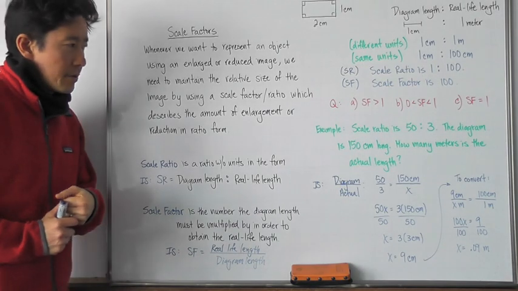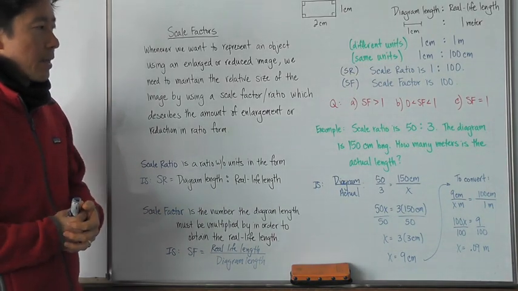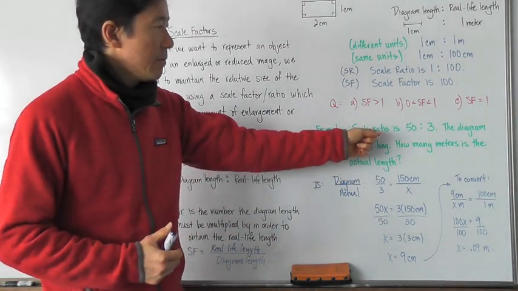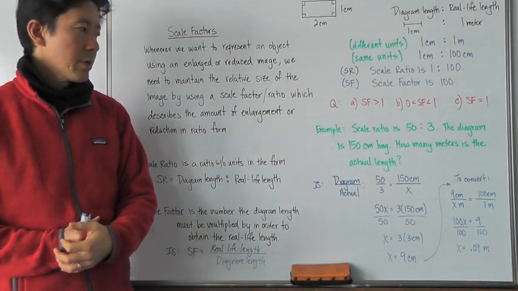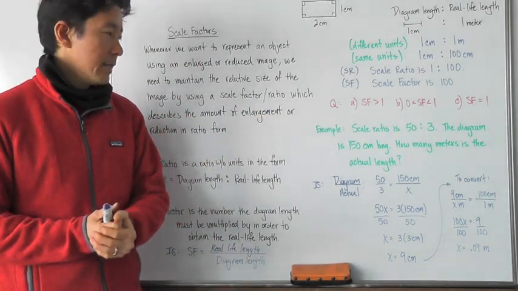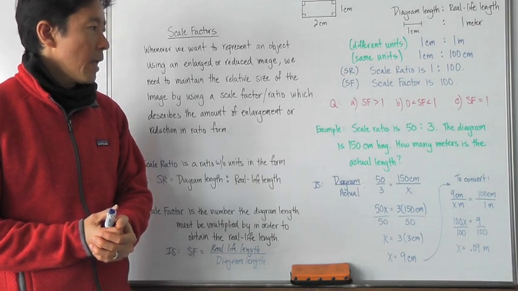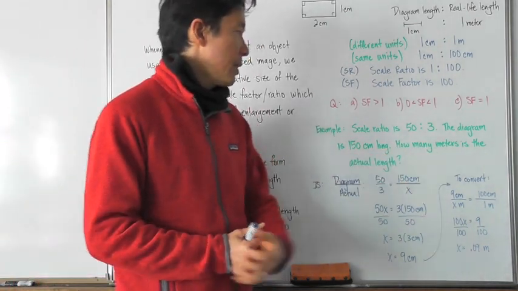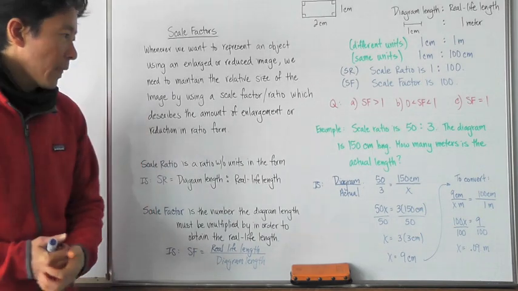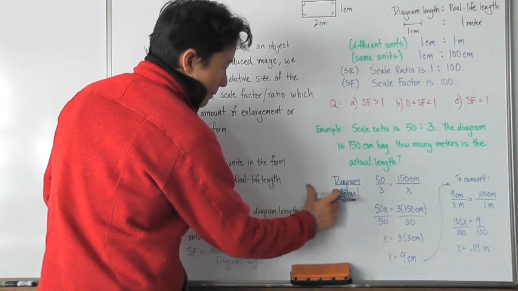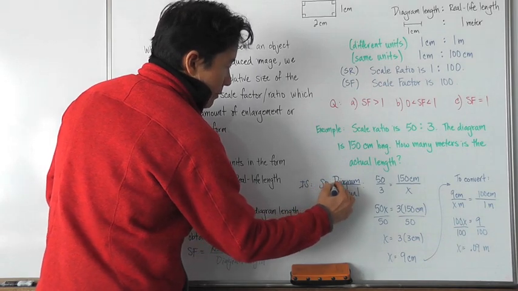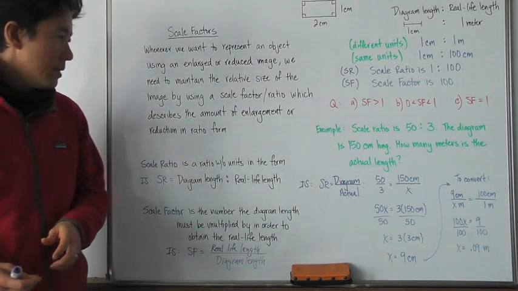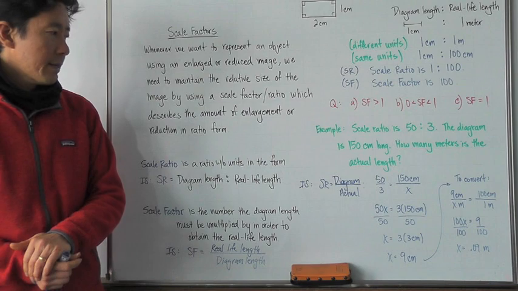Okay, now let's take a look at an example though. Let's say, for example, that our scale ratio is 50 to 3. The diagram is 150 centimeters long, whatever that object is. And we want to ask the question, how many meters is the actual length? Now, remember that our initial statement is that the scale ratio is equal to the diagram length over the actual length.